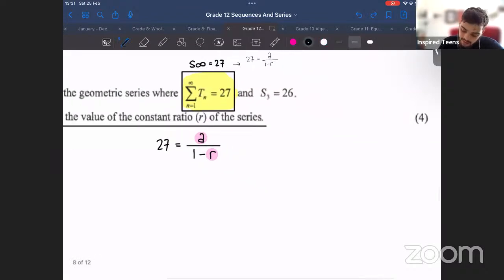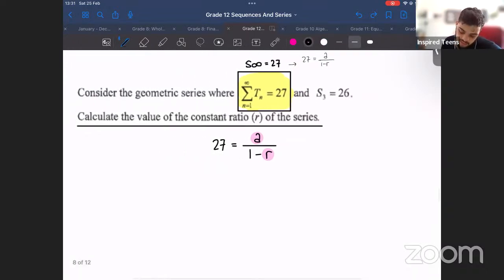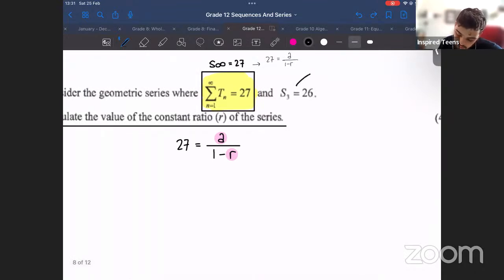Now let's look at the second part. S3 is equal to 26. It tells us that the sum of the first three terms is equal to 26. Remember, the sum of a geometric series is Sn equals a times 1 minus r to the power n, divided by 1 minus r.